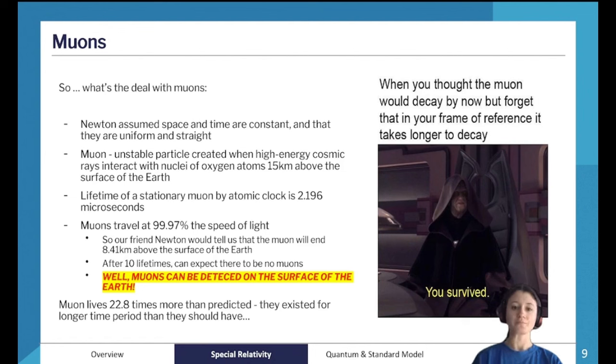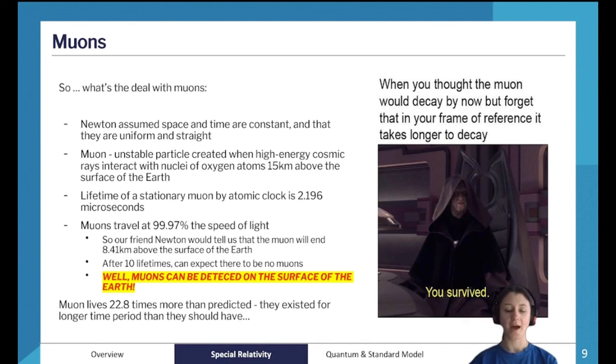So, what is the deal with muons? Essentially, alright, muons are these very, very small particles that travel very, very fast. So, they're created in the atmosphere of the Earth, alright?